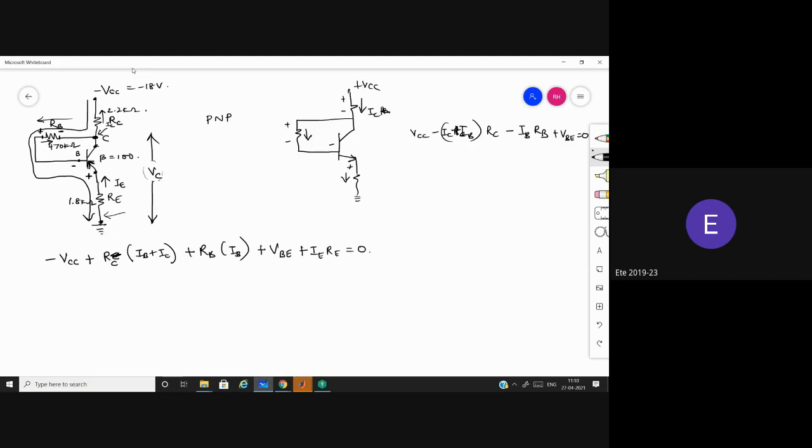But now, how is the direction of the current? It's opposite. So when you apply KVL, you are applying KVL from negative to positive.